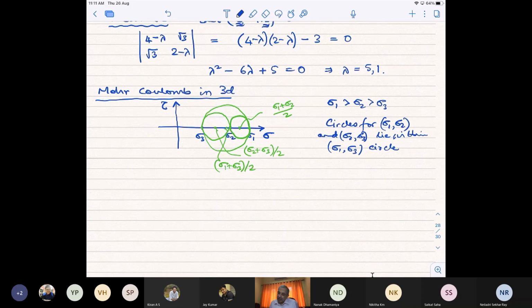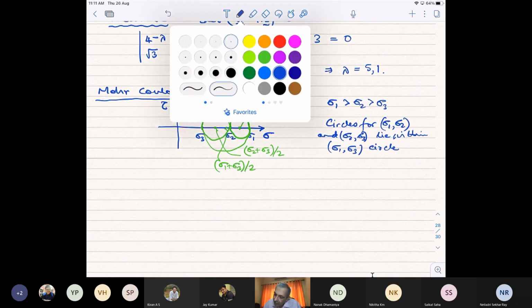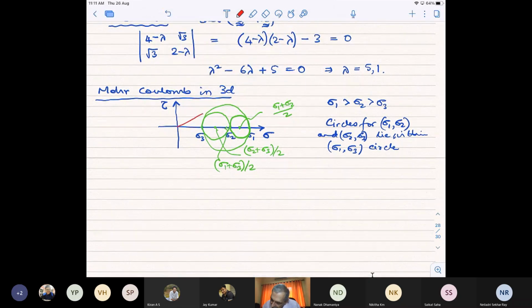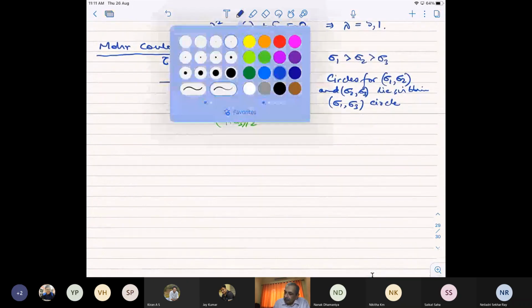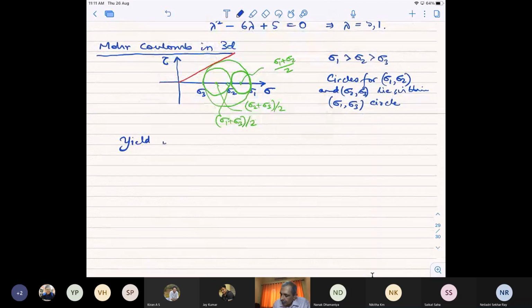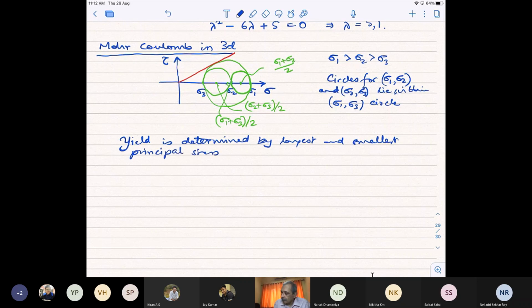So that is clear to you, right? So effectively, when yield occurs, let's say this is a yield criterion, the yield will always be determined by the largest and the smallest, that is sigma 1 and sigma 3.